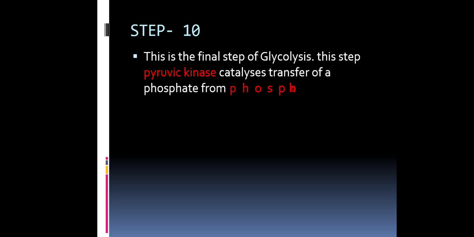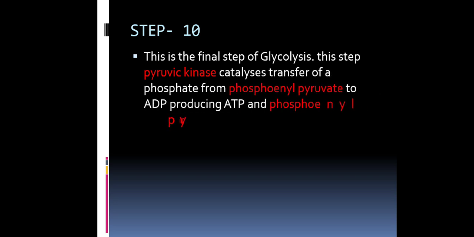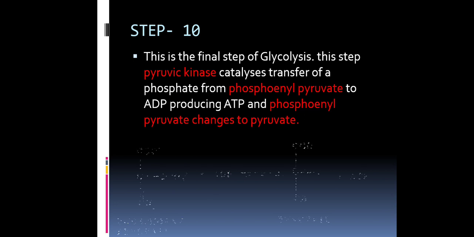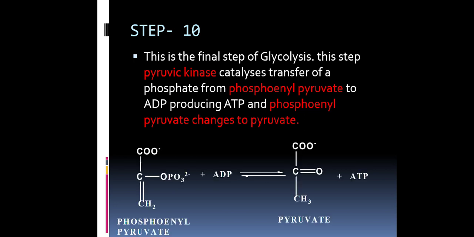This step is catalyzed by pyruvate kinase, where the phosphoenolpyruvate donates, or transfers, its phosphate to the ADP, producing ATP, and phosphoenolpyruvate changes to pyruvate. That is our final product, or pyruvic acid. So the last remaining phosphate is again transferred to ADP, giving you ATP, and the final product of glycolysis, that is pyruvate or pyruvic acid.